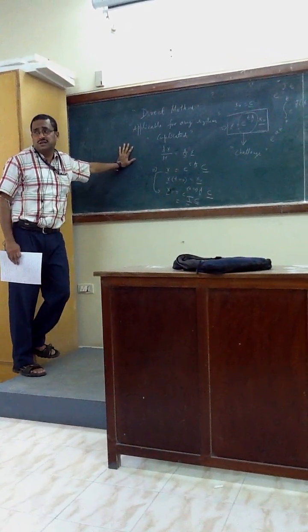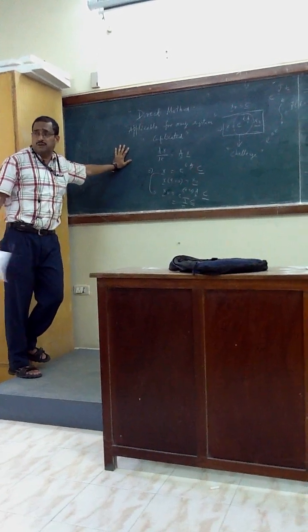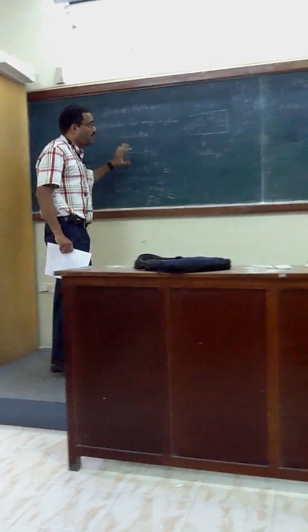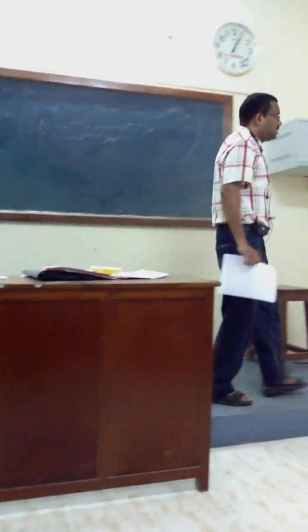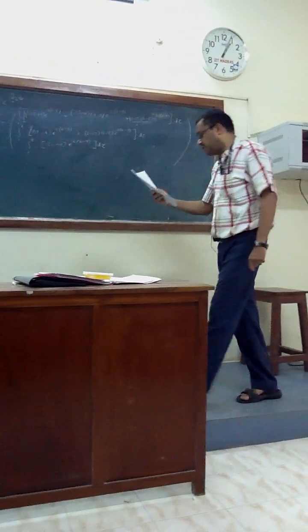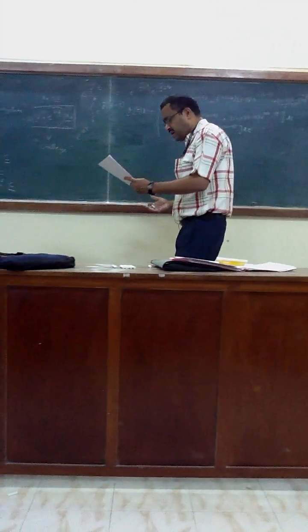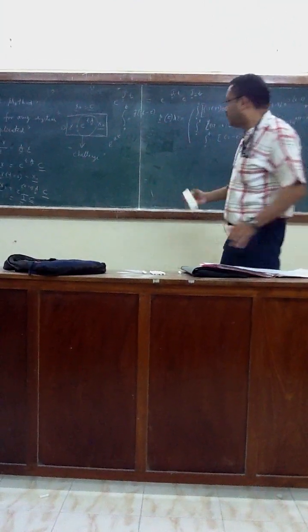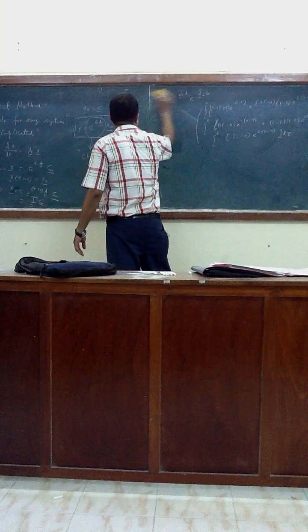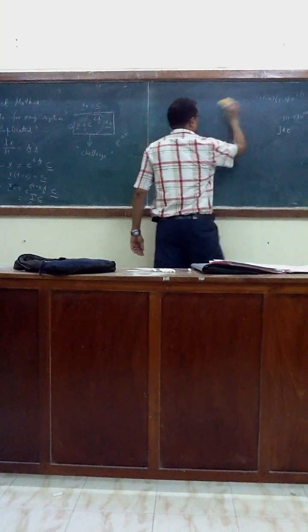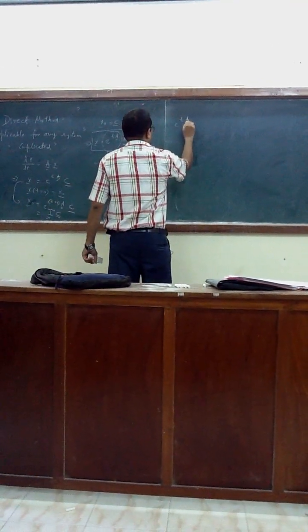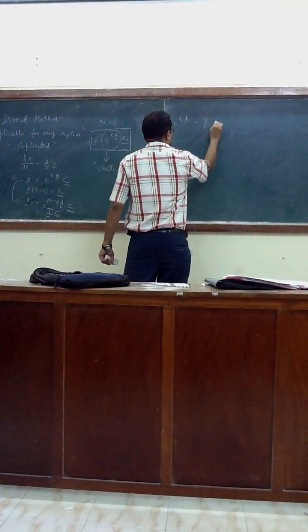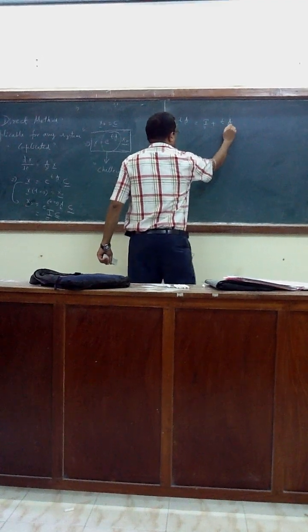And e to the power tA, we have seen how to evaluate. If we look at e to the power tA, which is I plus tA plus t square by 2 factorial A square, it will be infinite, right? And so many things we have to verify.